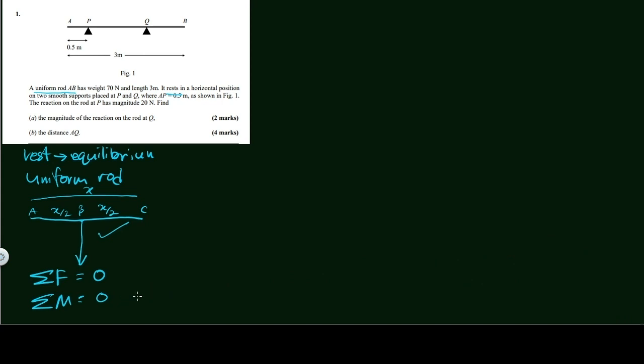Okay, let's start our problem. Let me write it again for our reference. Given the problem here, this rod is said to be a uniform rod, so the weight of the rod should be acting at the center of the rod, approximately here.